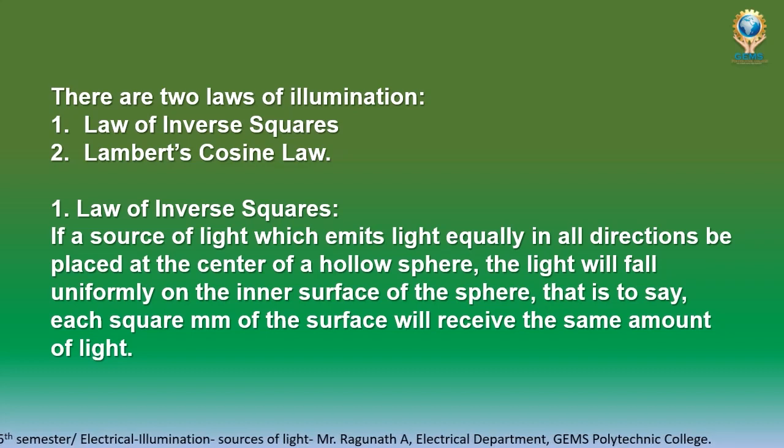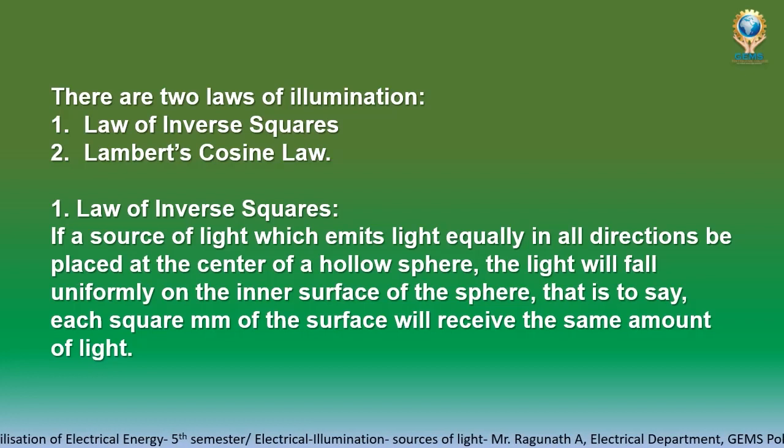If you consider a source, it gives some light, and that light is emitted in all directions. That source is placed in the center. So what will happen? The light will be spread around the area in all directions equally. But the distance between the surface and the source will determine how much illumination will be received by the surface.